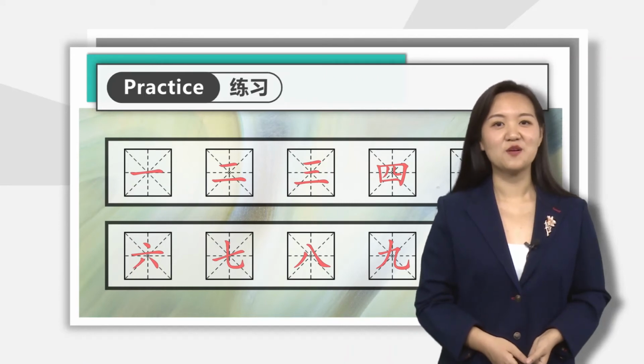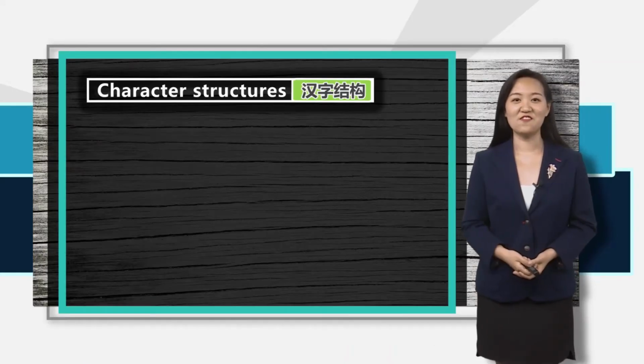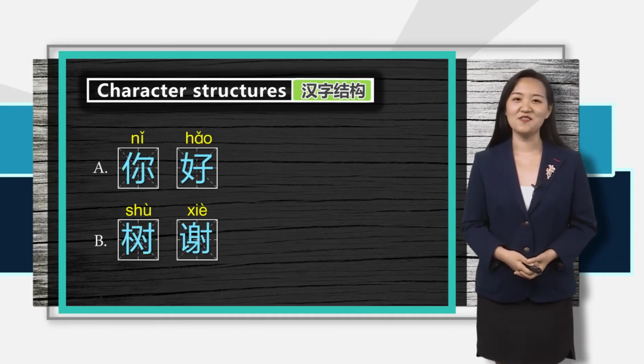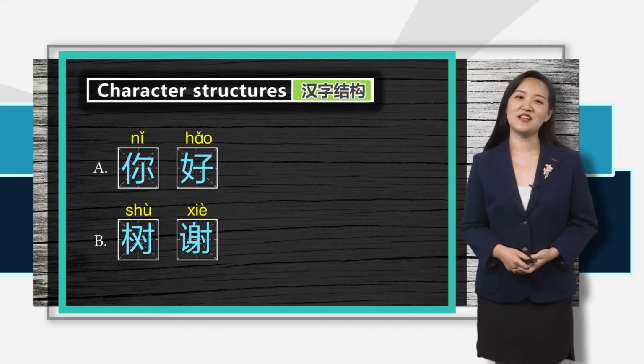Now we have learned all the Chinese numbers from 1 to 10. I believe that you have mastered the single component structure characters. Now please look at the two groups of characters. Can you tell me the difference in character structures of these two groups? That's right.